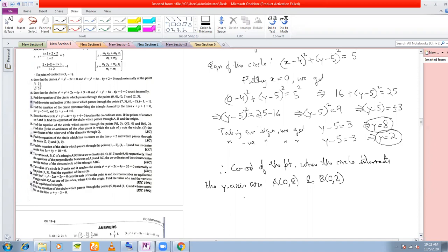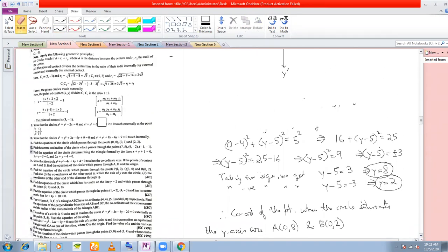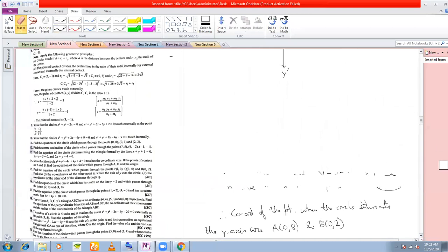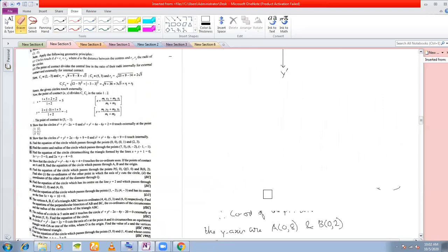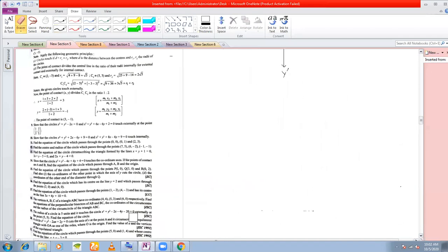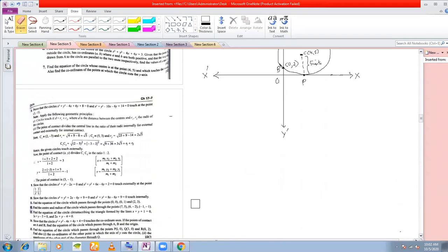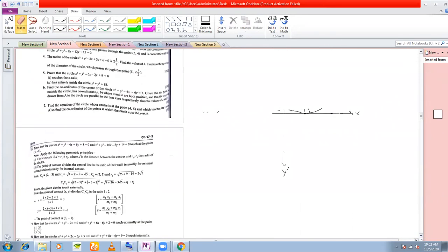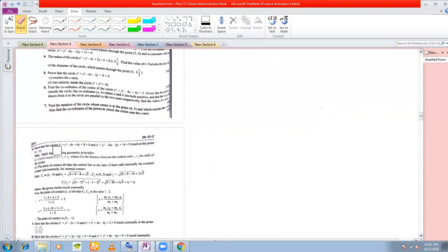The next problem that we are going to do is something whose concepts you have done in class 10. When do circles touch each other? When they intersect at only one point, then the circles are said to touch each other. In how many ways can they touch each other?